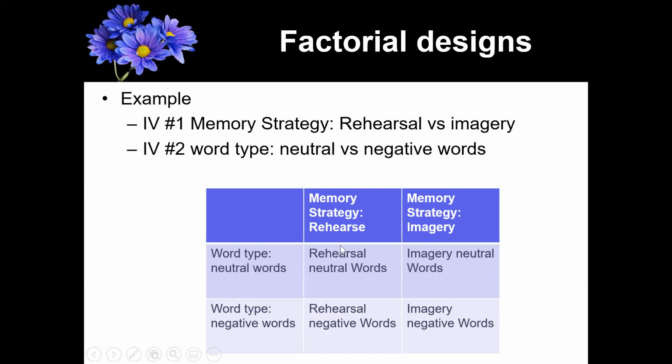Okay? Another example might be, let's say negative words are easier to remember, but only if you're using imagery. So if comparing these two, there's a difference, but there's no difference between these two. That would be an interaction.